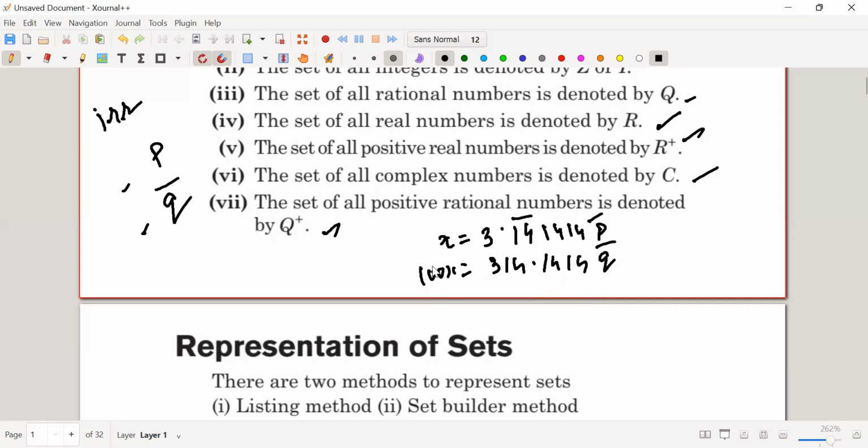If I subtract these two, x is 3.1414141414, and it goes on. 100x is 314.1414141414. If I subtract these two, 100x minus x, it is 99x equal to 311. 314 minus 3; this decimal part would be subtracted completely. Now x equals 311 divided by 99.